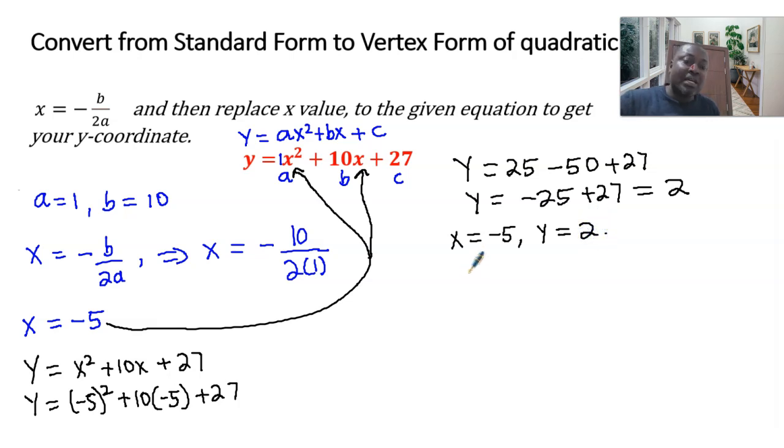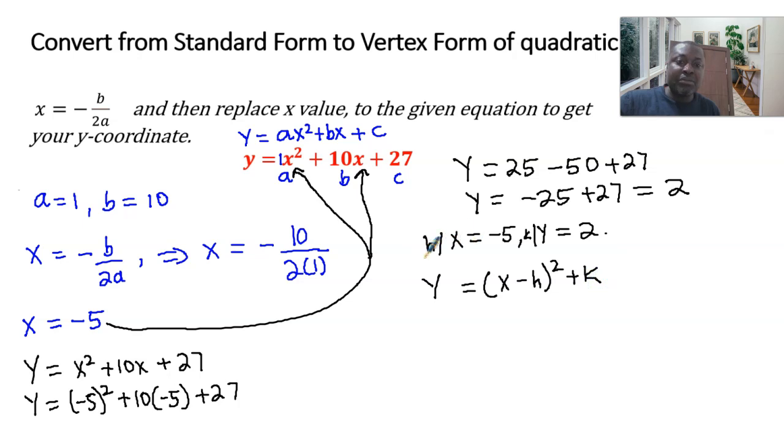Because of the vertex form, sometimes we use h and k. So this x here is the same as the h, and this one is the same as the k. Don't be confused with that. So the vertex form of a quadratic equation can be written as y equals (x minus h) all squared plus k.